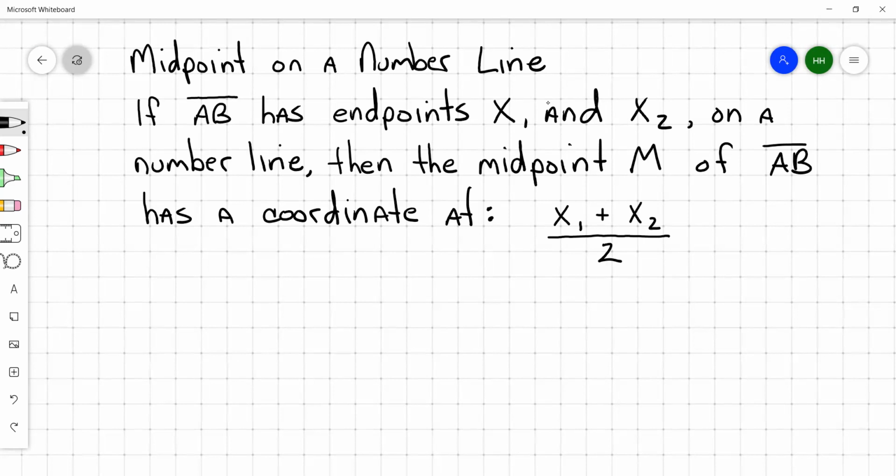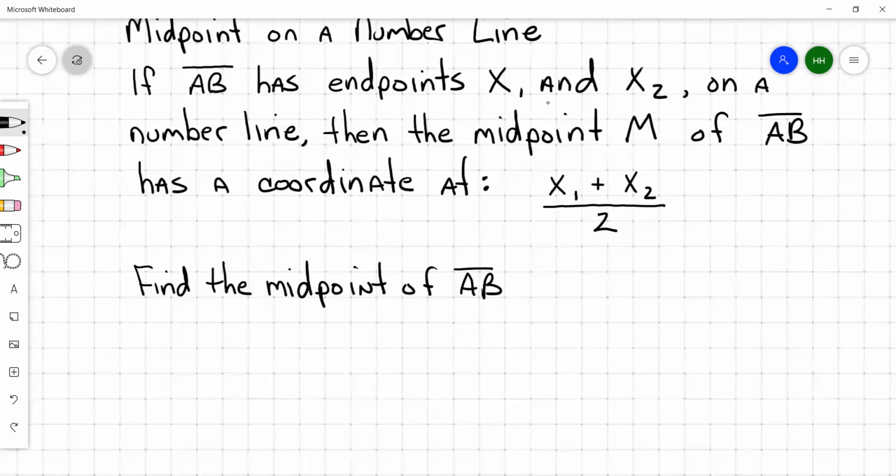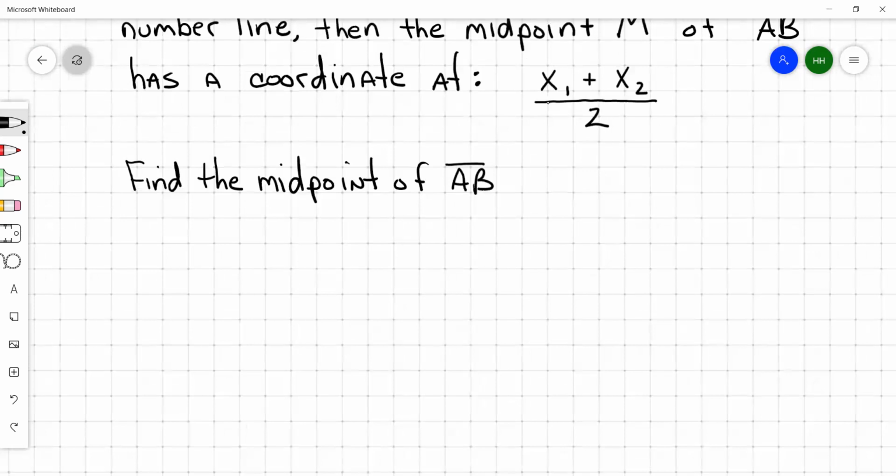So if your instructions say, find the midpoint of AB. Here's one example. Here's your segment.